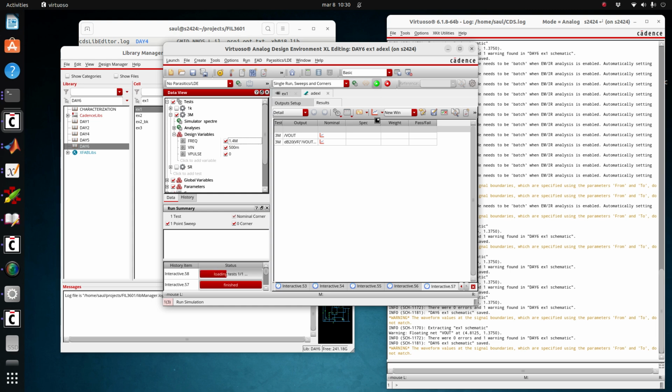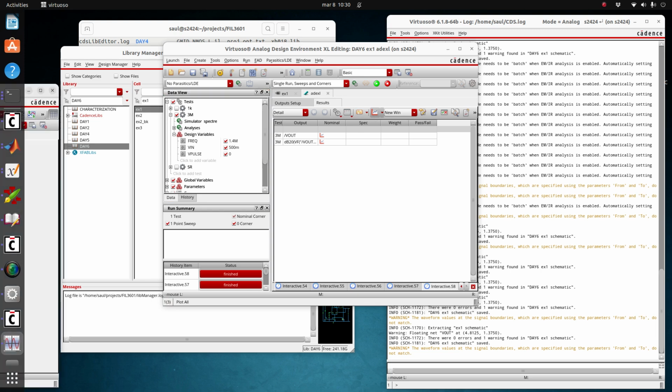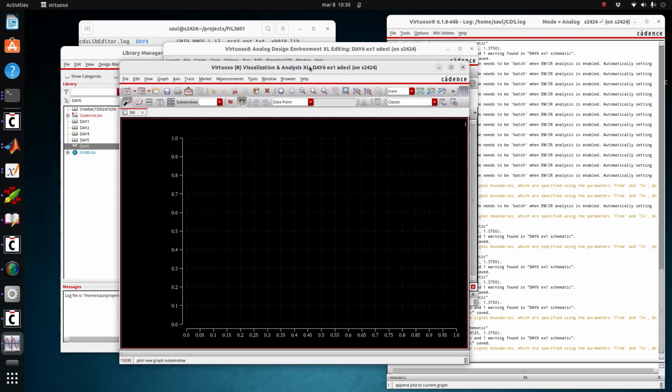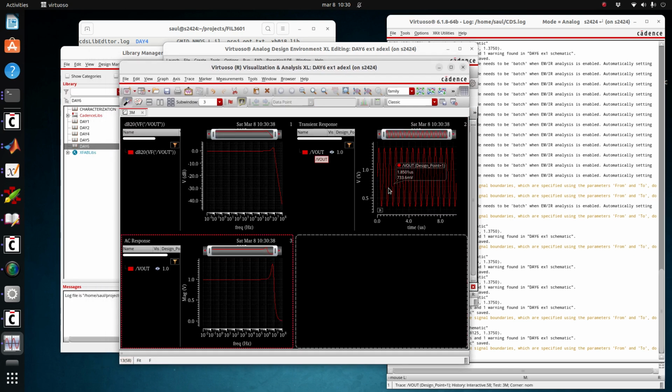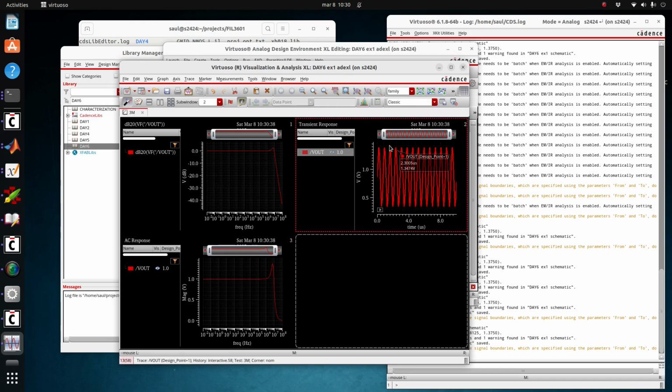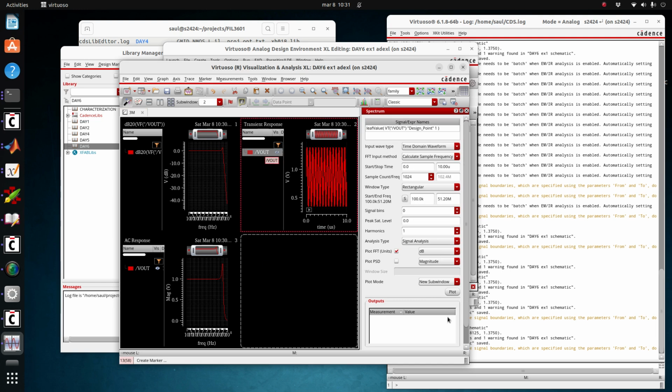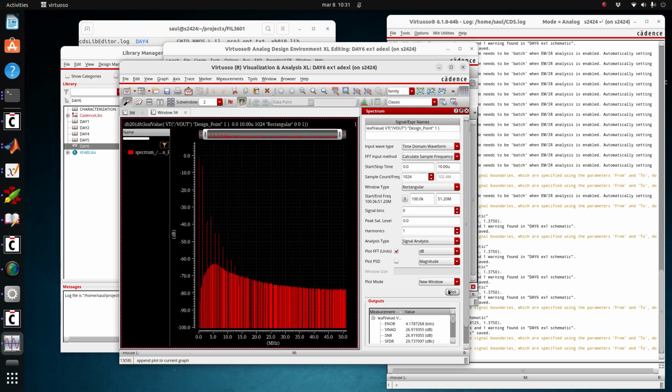We send this simulation, and then okay, let's take a look at the distortion levels, measurement, spectrum, window plot.